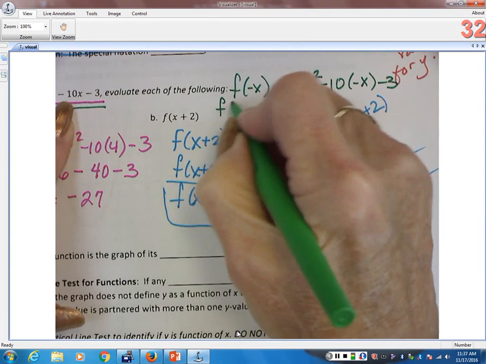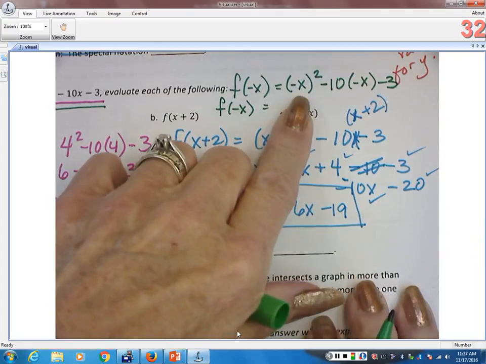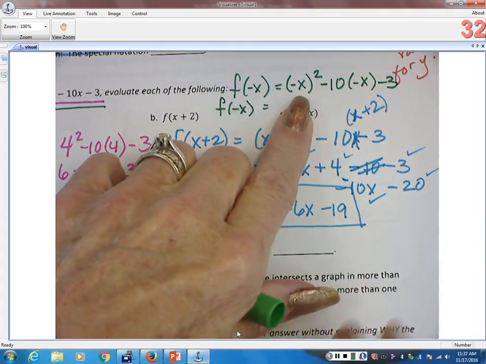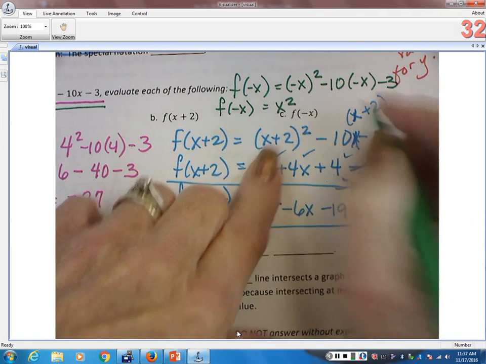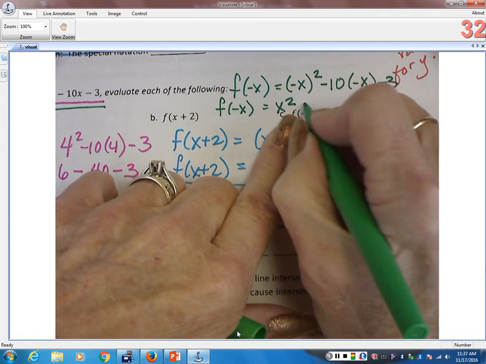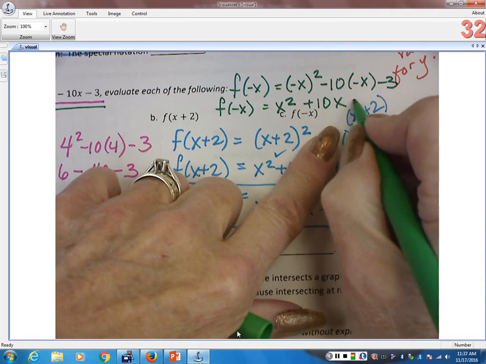So when we simplify, what's negative x times negative x? x squared. And negative times negative is positive 10x, and then minus 3, of course, doesn't change.